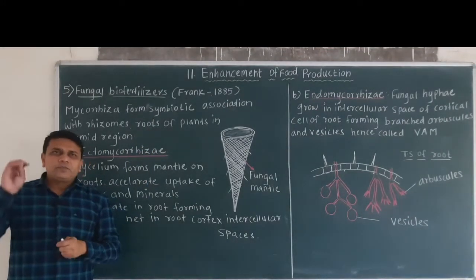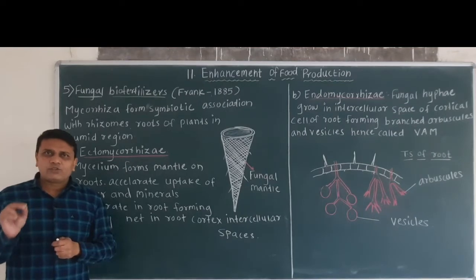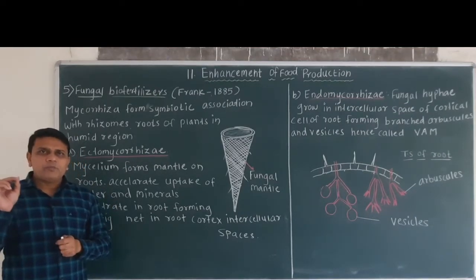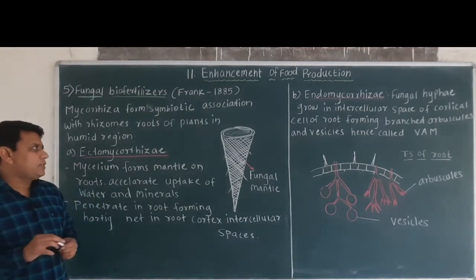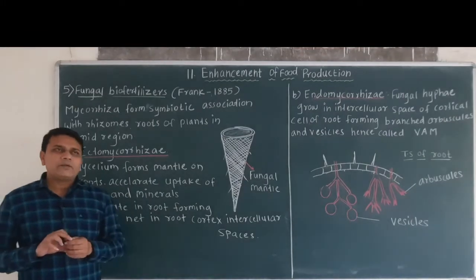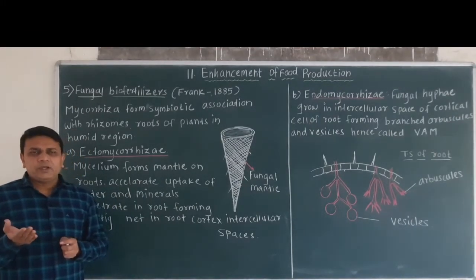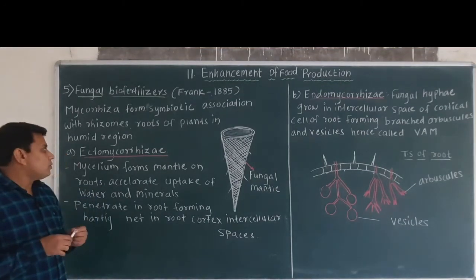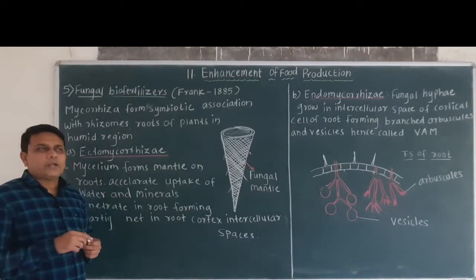That means this mycorrhiza forms a symbiotic association with the roots of the plants found in humid region. Now you know that fungus consists of hyphae, then hyphae come together to form mycelium. So the fungal biofertilizers are of two types.